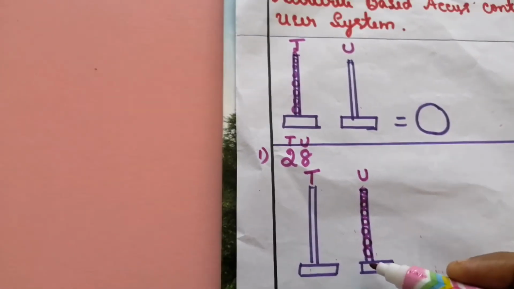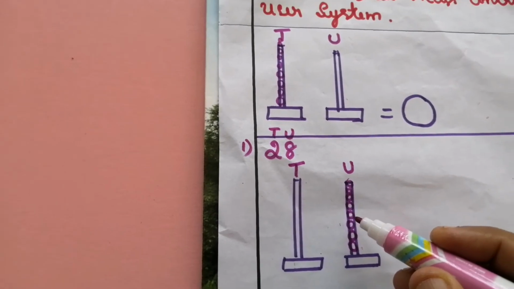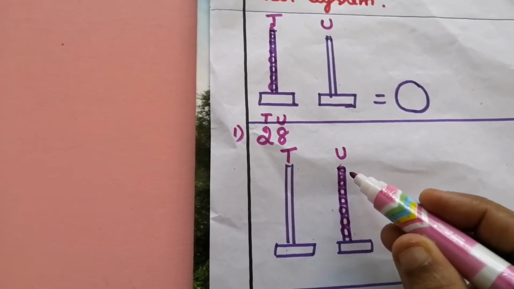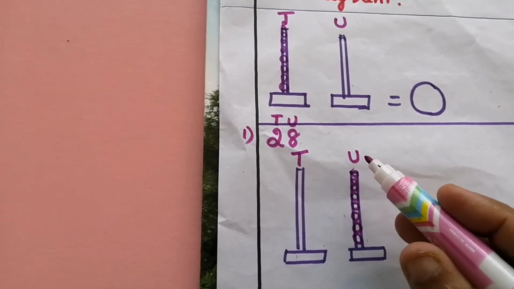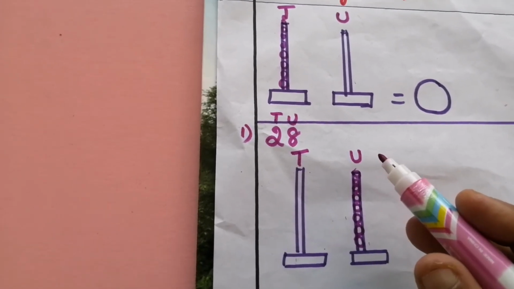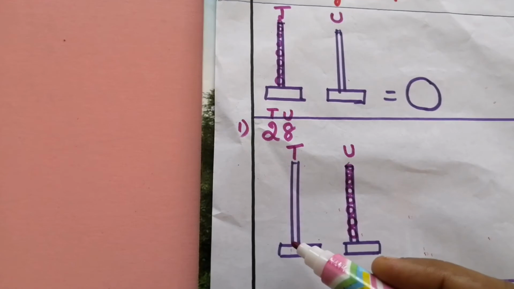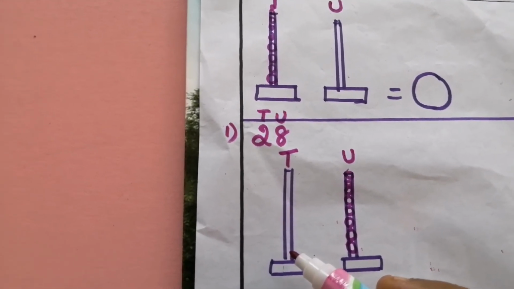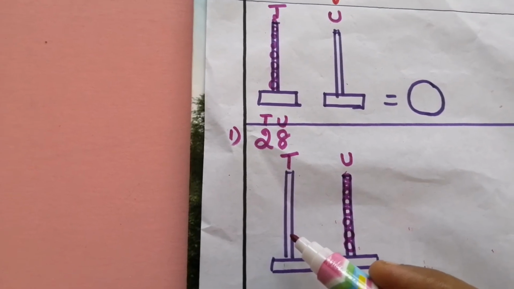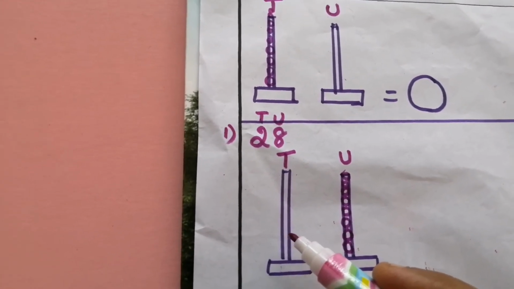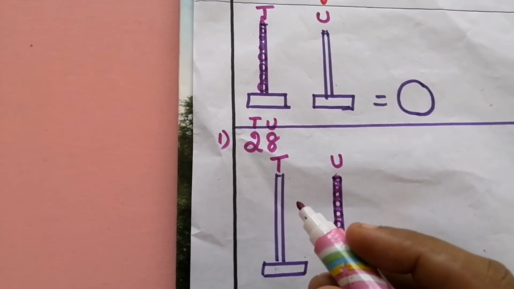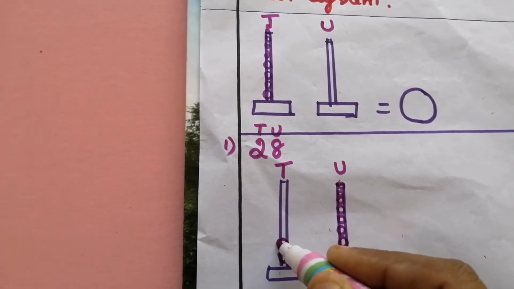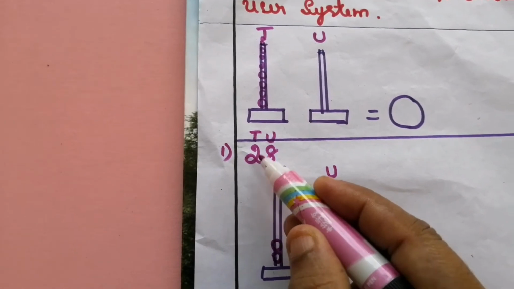So, in this rod, we have to draw 8 beads in ones column. In tens column, we have to put 2 beads because 2 tens.